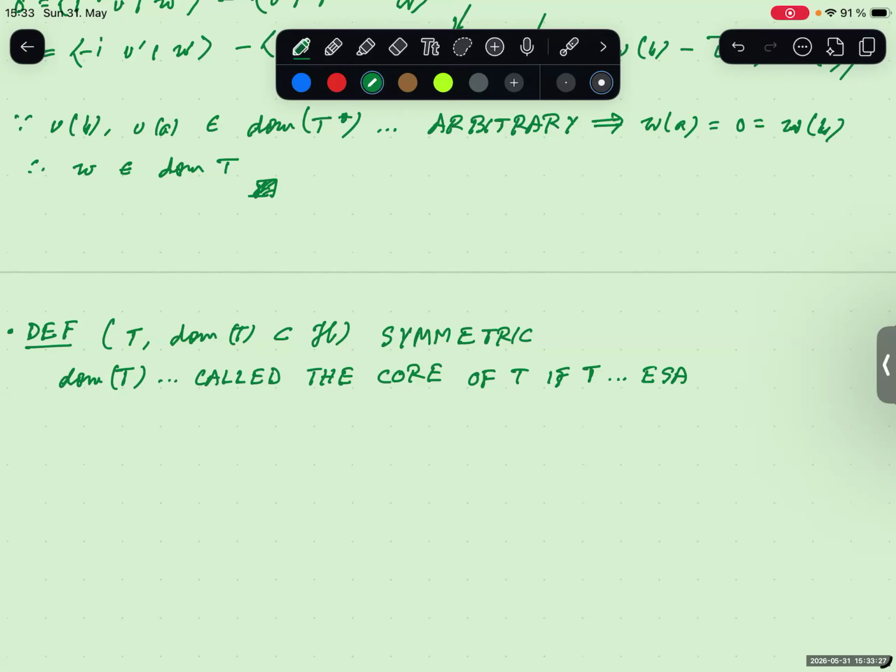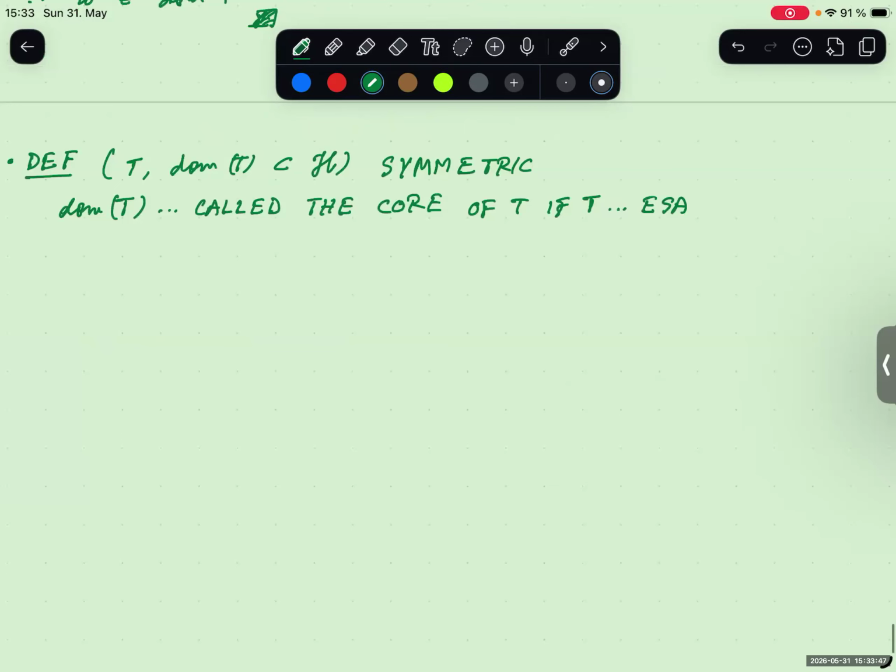Good. As I have introduced, you can probably anticipate what we are going to do. Now we would like to know the core of our operator T. So let's define an operator T naught.